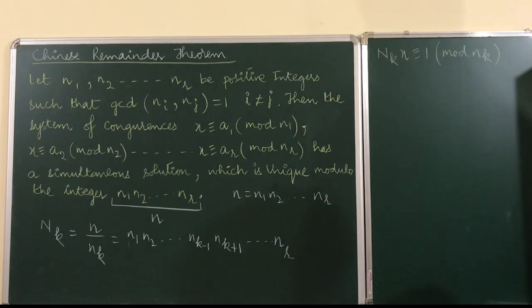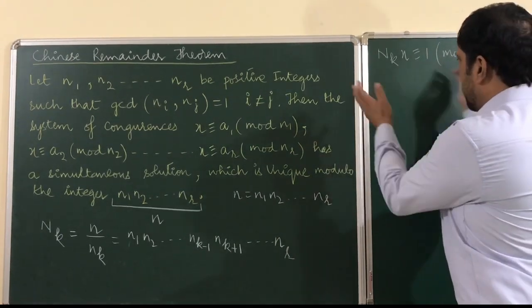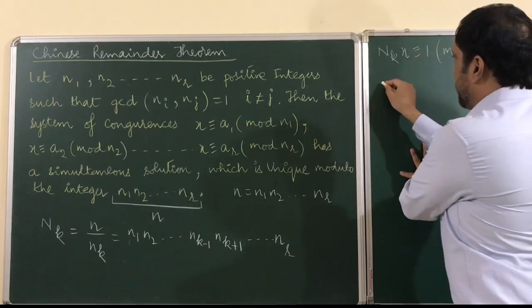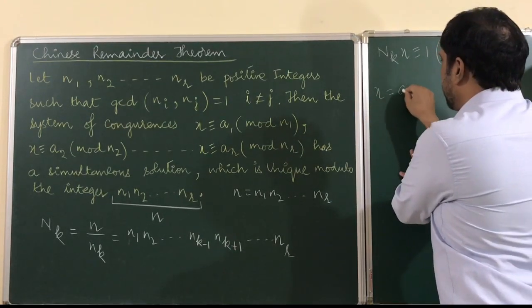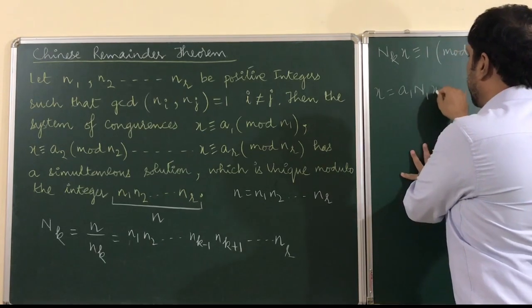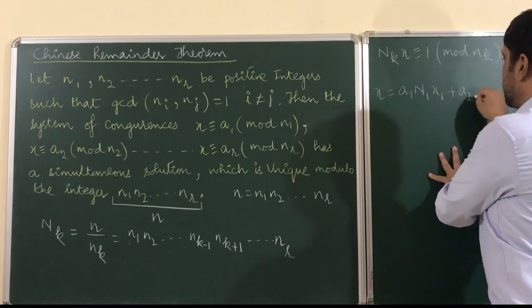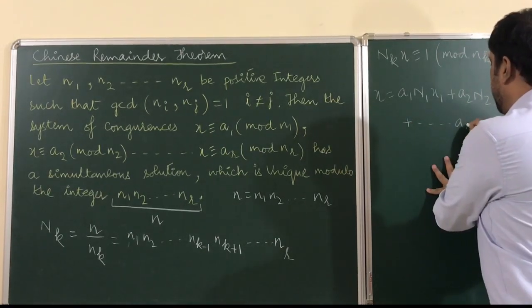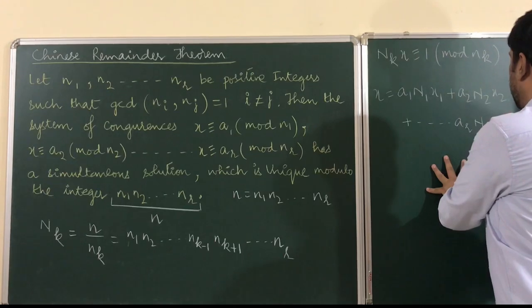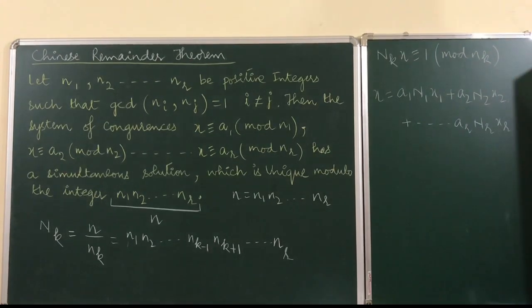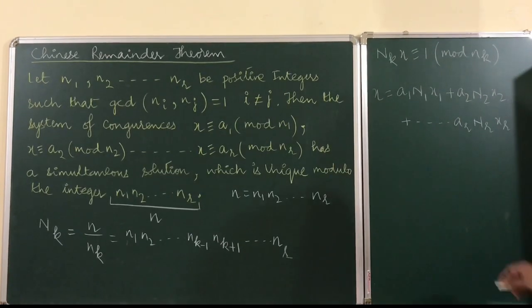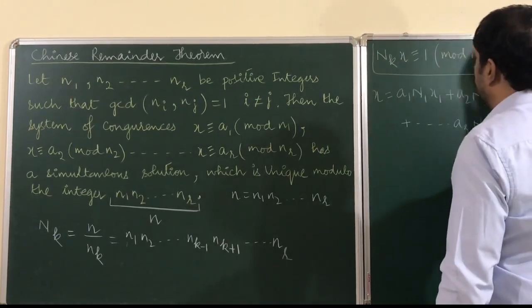Now see, in order to satisfy this equation, Nk x congruent 1 modulo nk, this x has to be like a1 N1 x1 plus ... ar Nr xr. So that way we can find those x1, x2 and xr, and that will obviously become the solution of this equation.